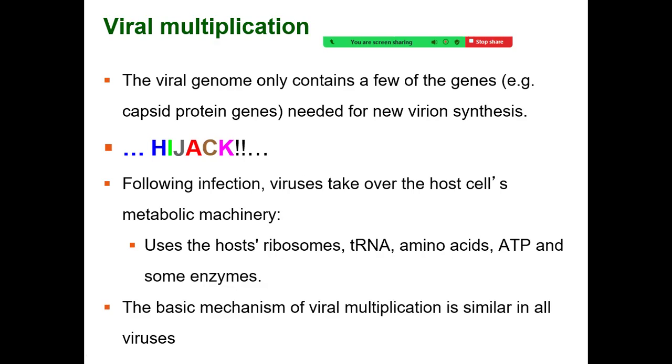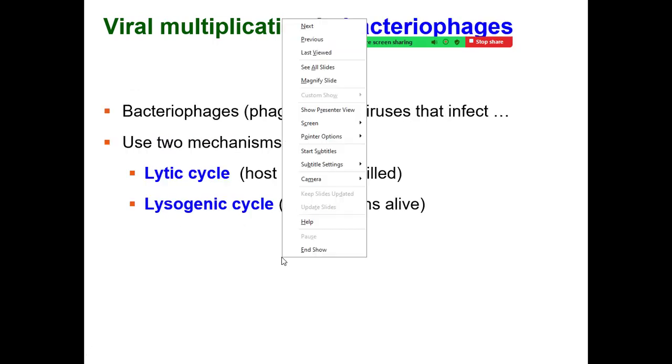Following infection, viruses take over the host cell's metabolic machinery and then use that machinery to replicate the virus. The viruses use host cells' ribosomes, host cells' tRNA, host cells' amino acids, host cells' ATP, and some of the host cells' enzymes to replicate the virus. The basic mechanism for viral multiplication is similar in all viruses.